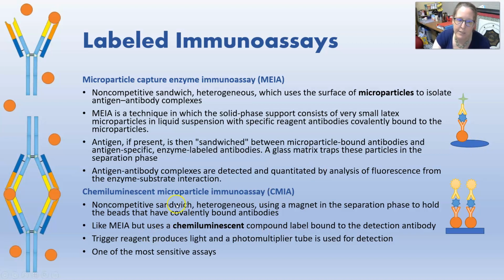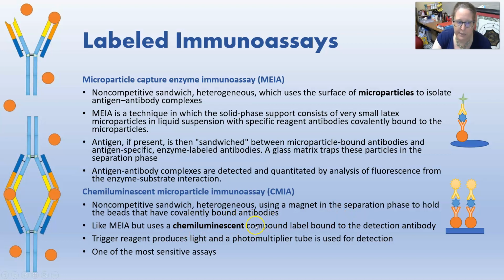The chemiluminescent microparticle immunoassay, or CMIA, is very similar to this microparticle capture enzyme immunoassay. It's a non-competitive sandwich heterogeneous immunoassay, but it uses a magnet in its separation phase to hold the beads that have covalently bound antibodies.